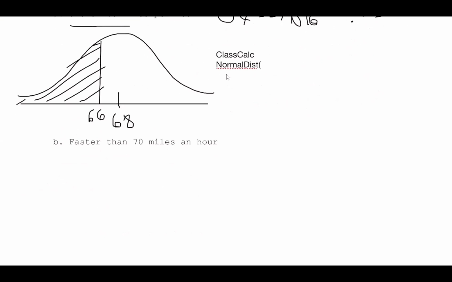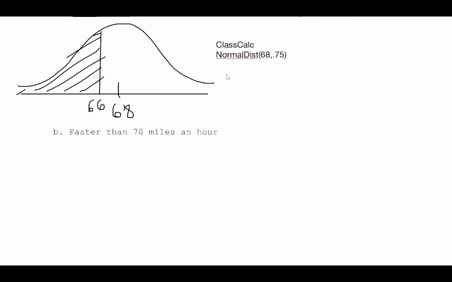The mean will still be 68, but your standard deviation changes to 0.75, which is our adjusted standard deviation, our standard error. Then we have to tell it the lower bound and the upper bound.